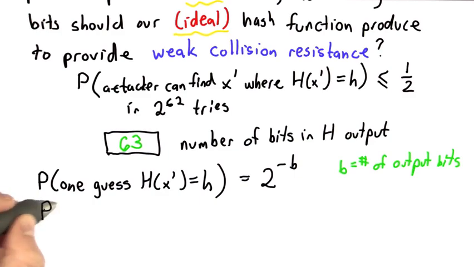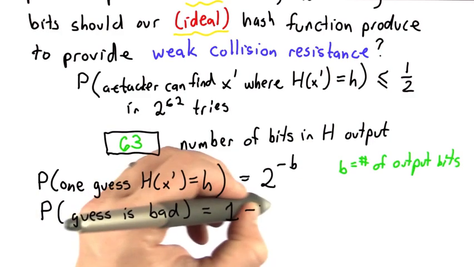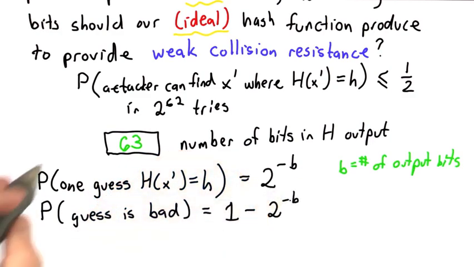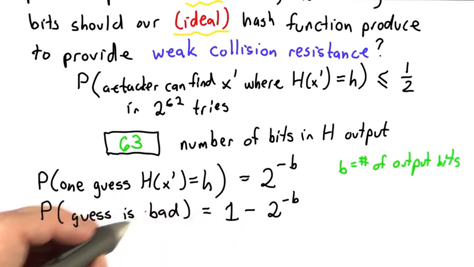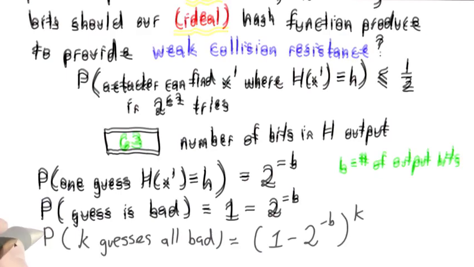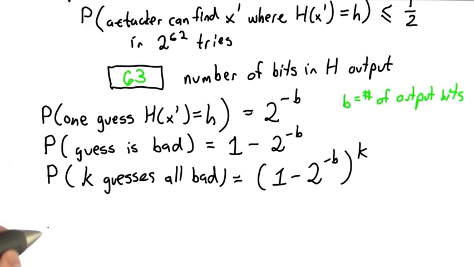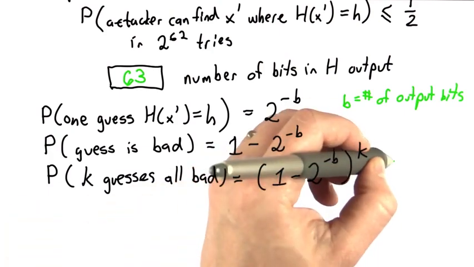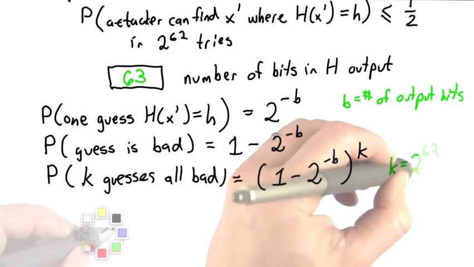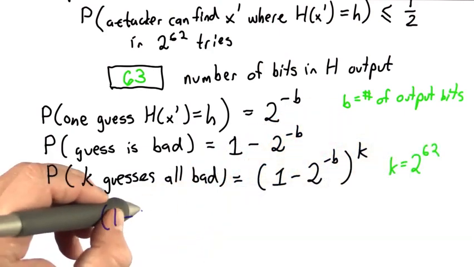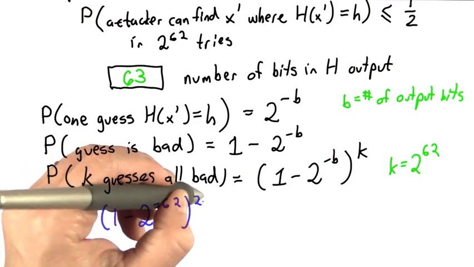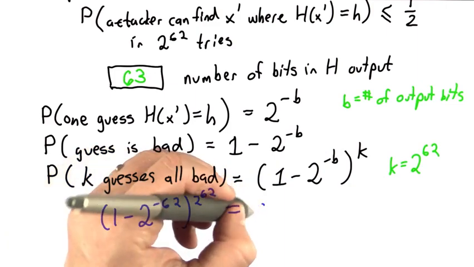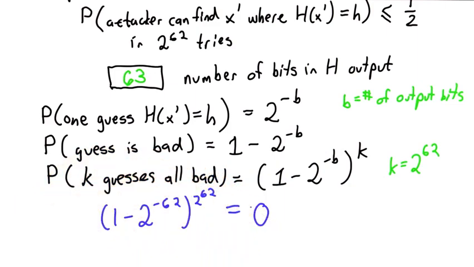The probability a guess is bad is 1 minus that. And now, over a series of guesses, the probability that they're all bad is that raised to the power of the number of guesses. We've said that k is equal to the number of guesses here, which we said was 2 to the 62. And we can solve (1 minus 2 to the negative 62) to the 2 to the 62. That's equal to approximately 0.63.